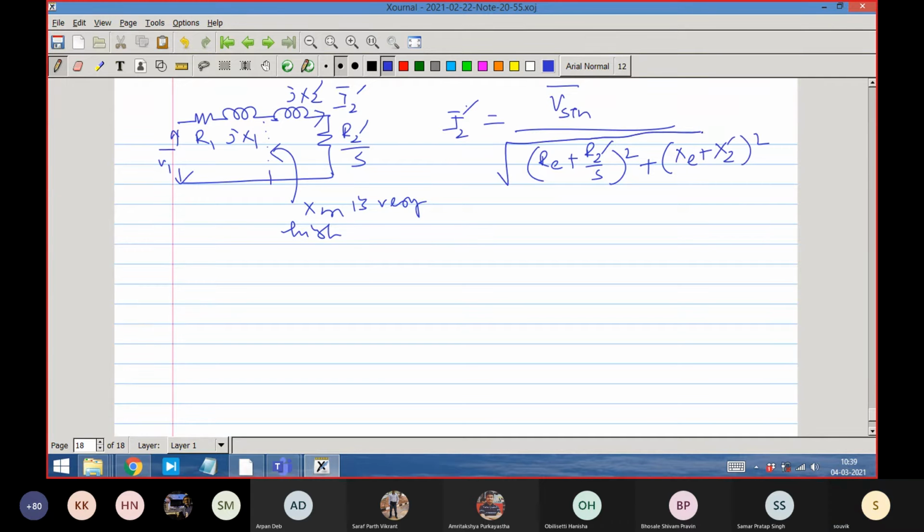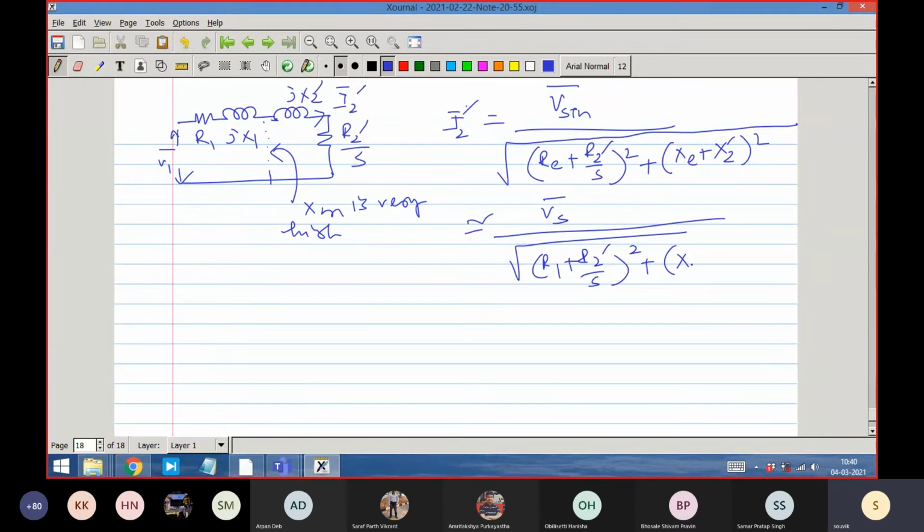And with approximation, it is nearly equal to VS divided by square root of R1 plus R2 dash by S square plus X1 plus X2 dash square. Right? This is a bit approximated.